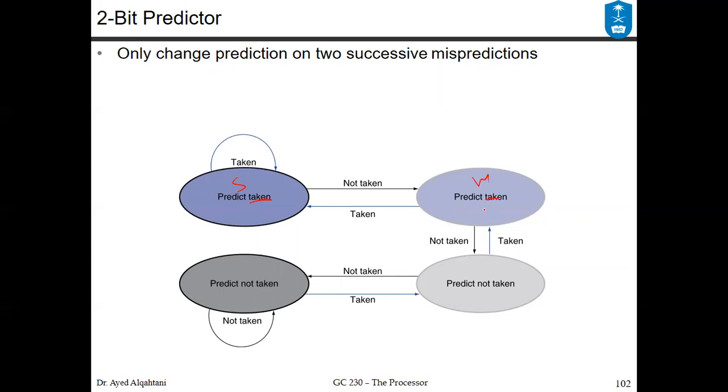If it's again not taken, then the misprediction happens 2 times, and because of this, you move from this weak taken to weak not taken. Now you are here. If it is not taken, then you continue moving to the strong not taken, because you have 3 mispredictions. But notice the change from taken to not taken happens in 2 mispredictions. This is the first one, and this is the second one.